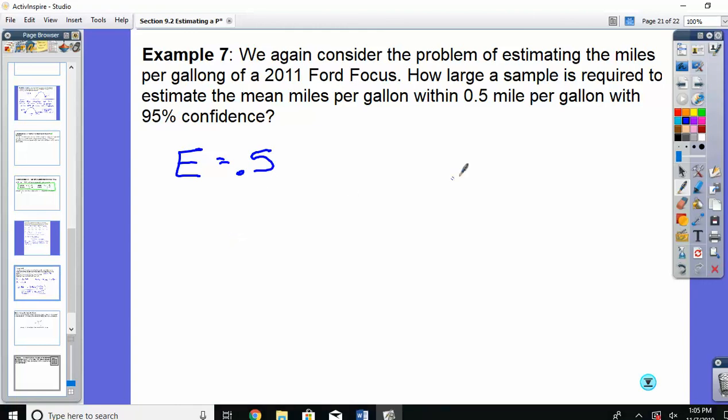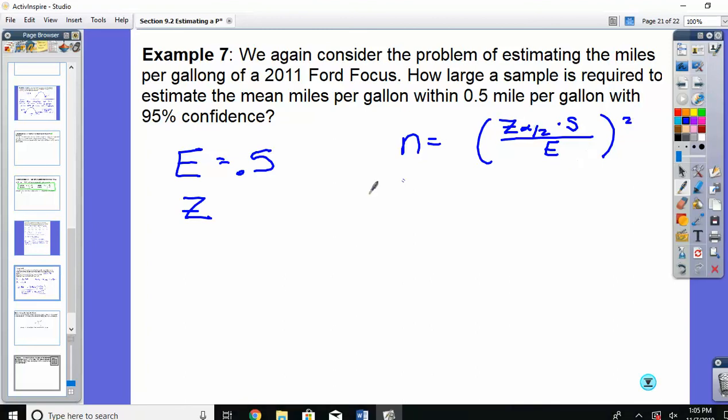Okay, so we know, let's see, we need our z alpha over 2 if we're going to use this formula. So I'm trying to use n equals z alpha over 2 times s over e, squared. So we're going to use that formula.